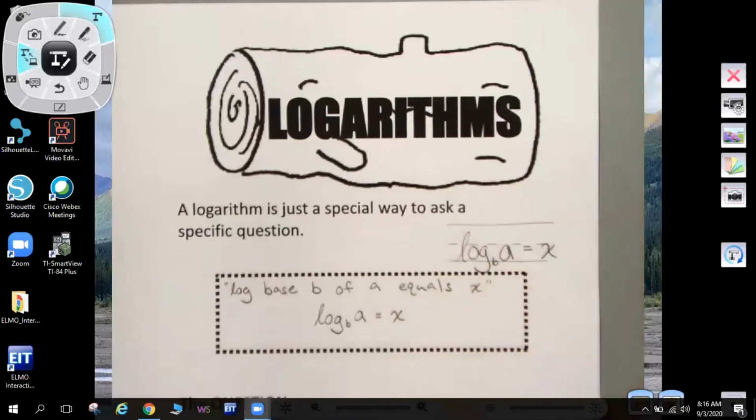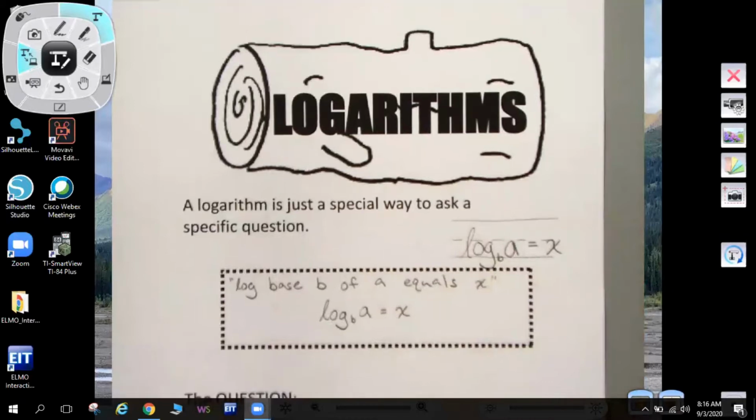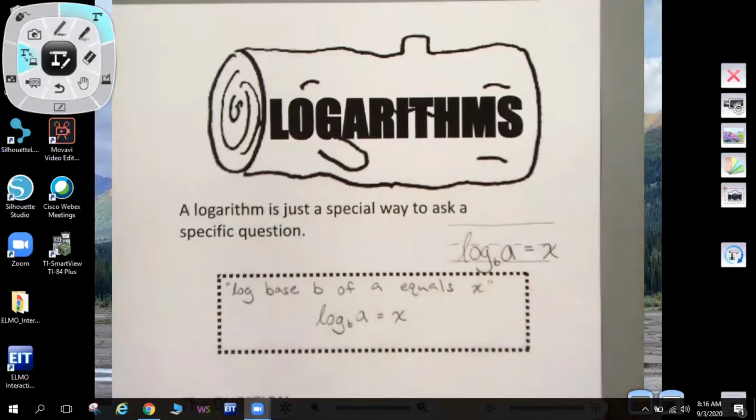Everything is the same size except for the b, because it's the base. So you read it: log base b of a equals x. And b and a and even x are just placeholders for numbers, basically.